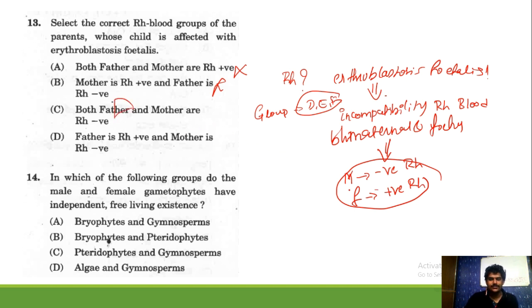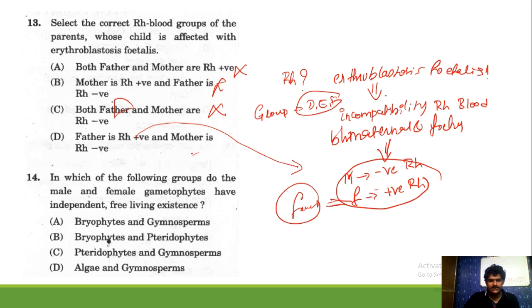We have to consider the father for the fetus, and the mother is negative, so it is not possible. Then the last option, father is positive, absolutely. This positive blood group will be given to the fetus.